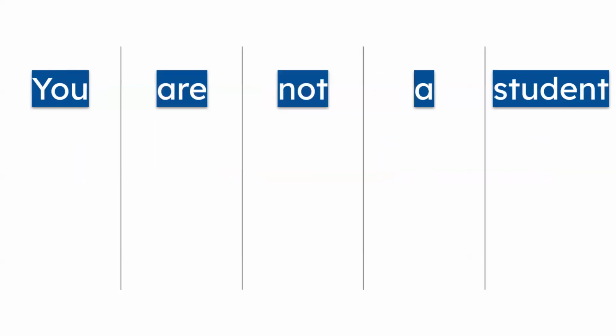Next up, we have the same sentence, but in its negative form. So now I think you can do it yourself. So let's write you, which was tú. That's right. And here we have a negative sentence. And what did we say last time?